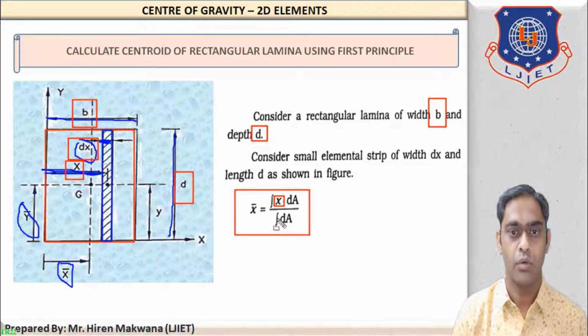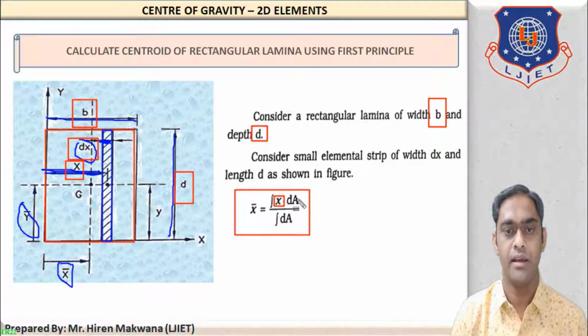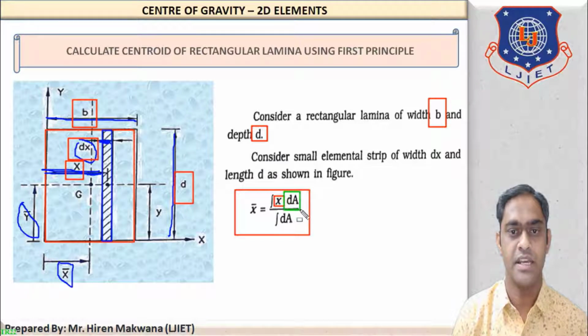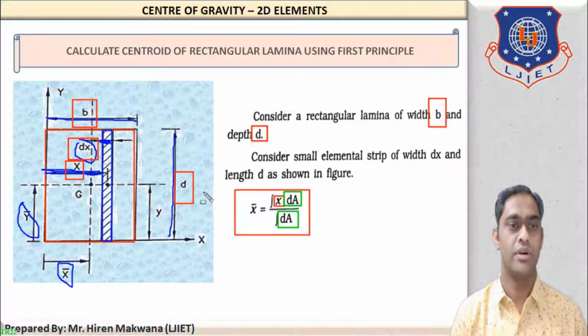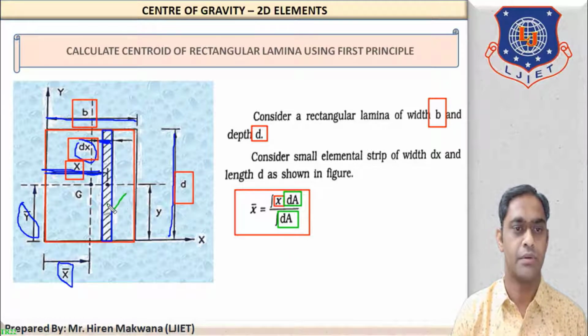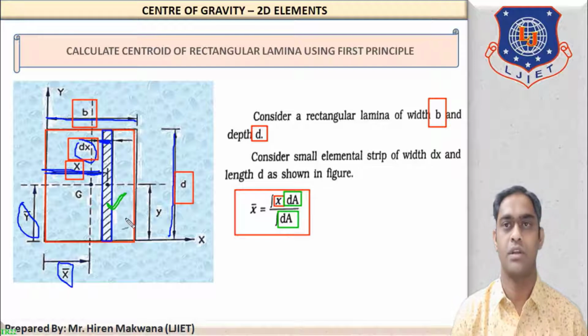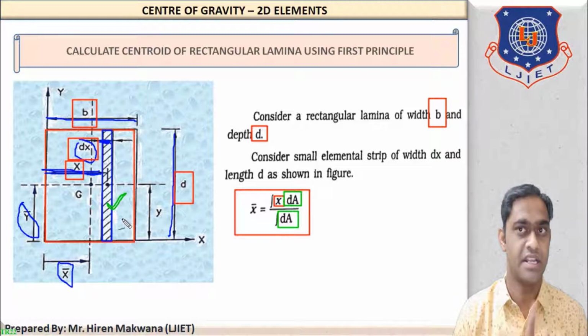What is dA in the formula? dA is equal to the area of this particular strip, as you can see in the figure.